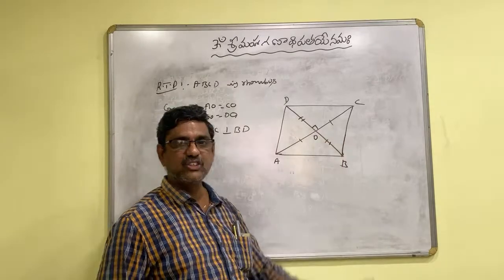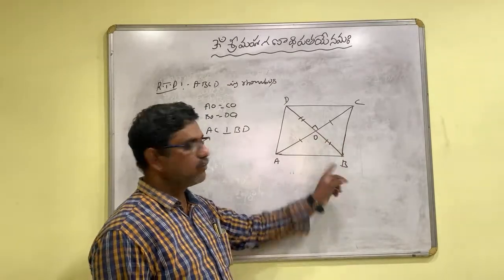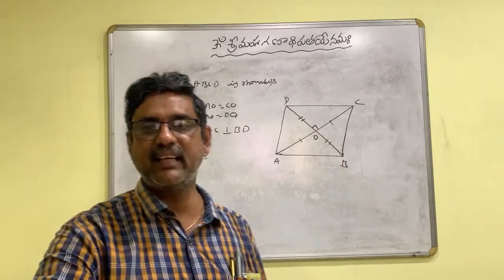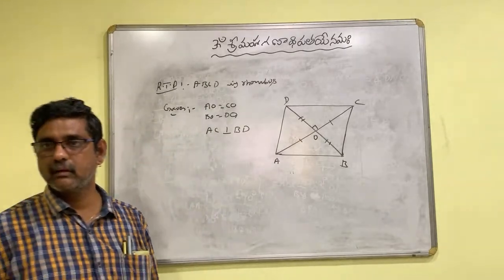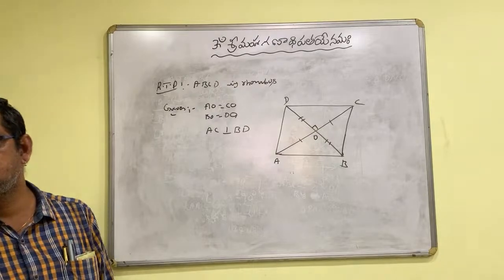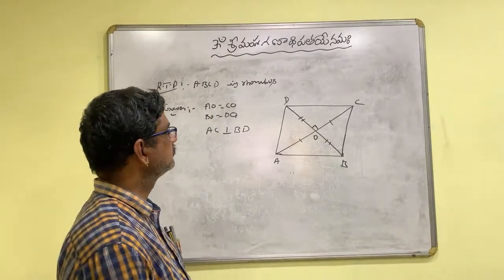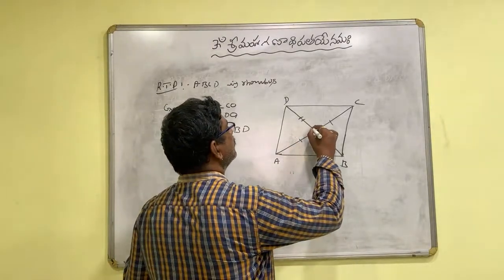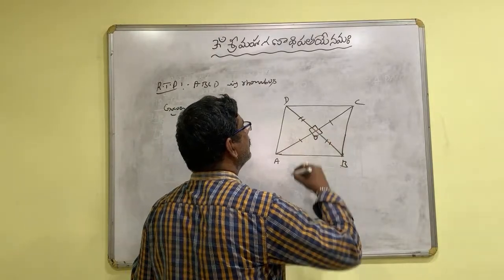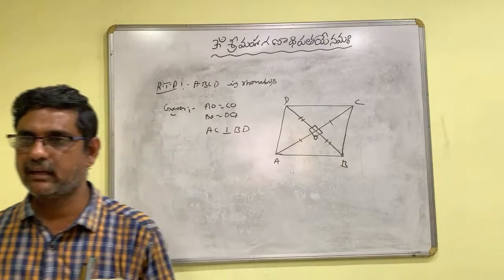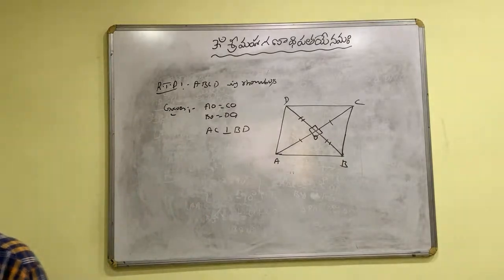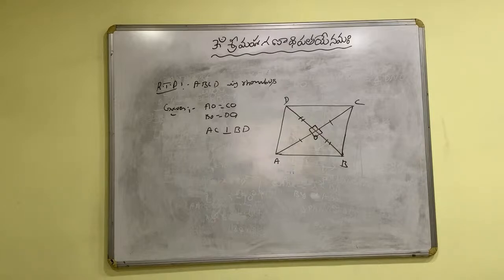What is the third part? Diagonals are perpendicular to each other, that is given. That is the third part.